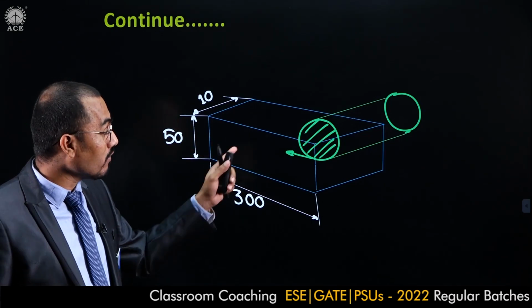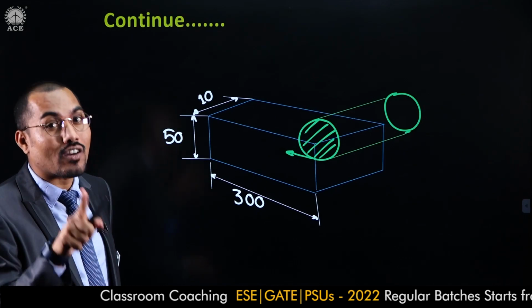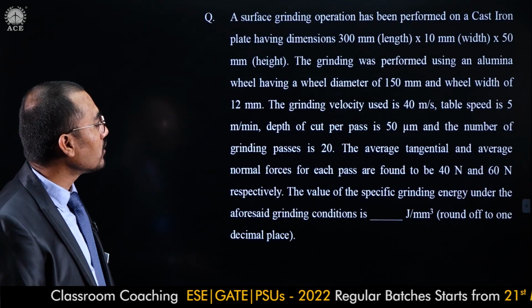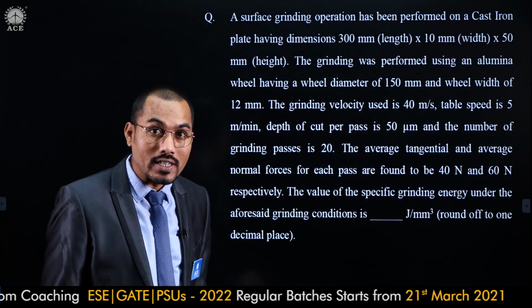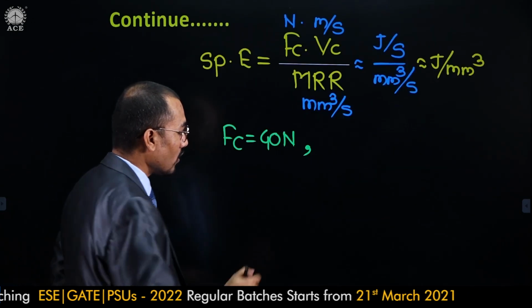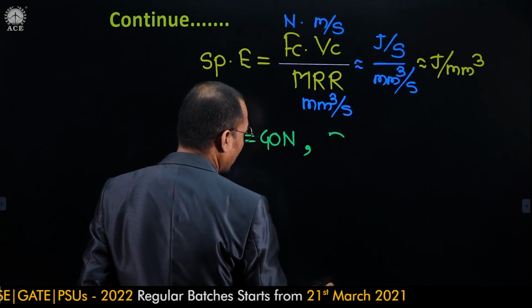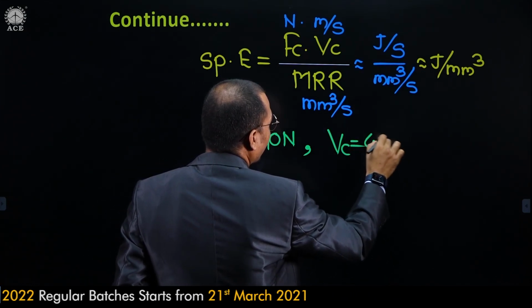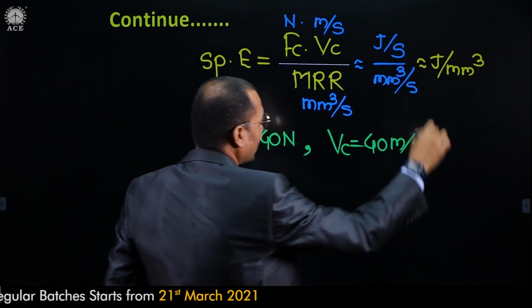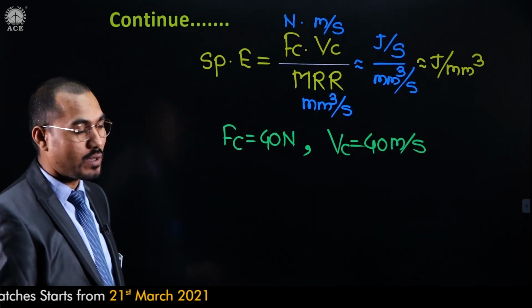Therefore, the cutting velocity should be the circumferential surface velocity, which is given there: the grinding velocity is 40 meter per second. Therefore, Vc is exactly equal to 40 meter per second.